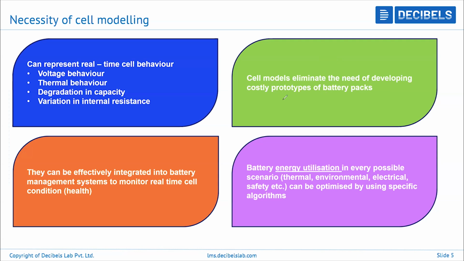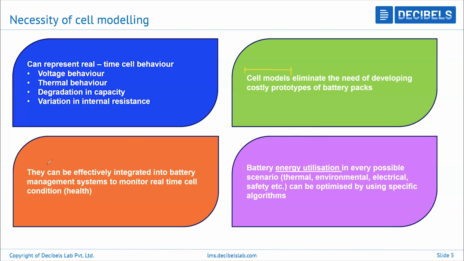So every time developing a prototype of a battery pack and then subjecting it to so many different situations may not always be a very likely or a very practical outcome. So that's where our cell models and battery pack models are very much advantageous, because you can subject these models to any type of environment and they will show you within 90 to about 95% accuracy how the cell and the battery pack behaves.